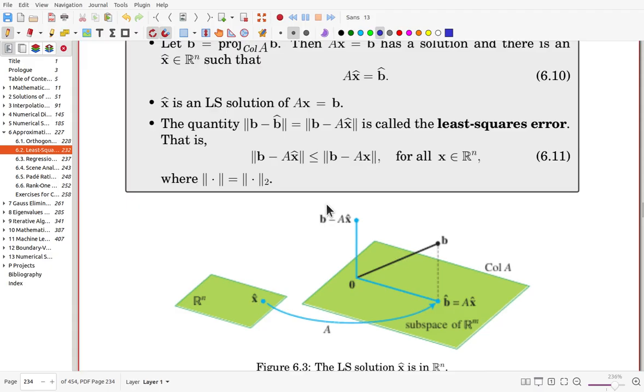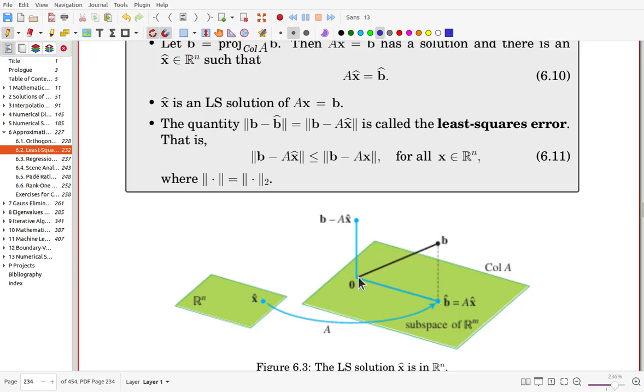So pictorially, we can express it in this way. Now, this is R^n, and along with the matrix, it is transformed into R^m. Then the column space of A will be a subspace of R^m.